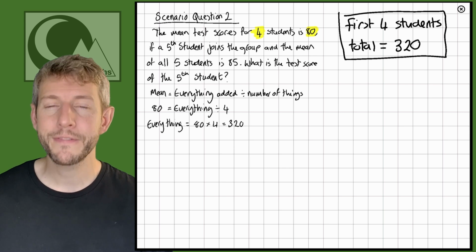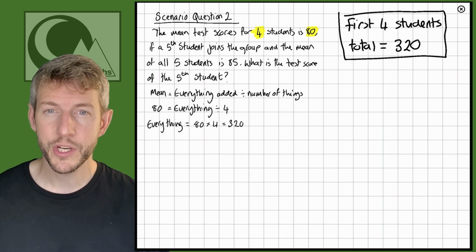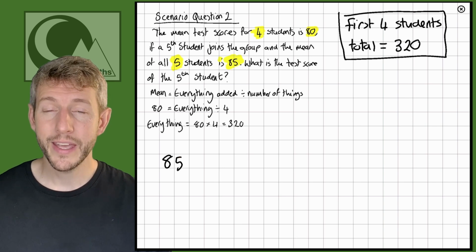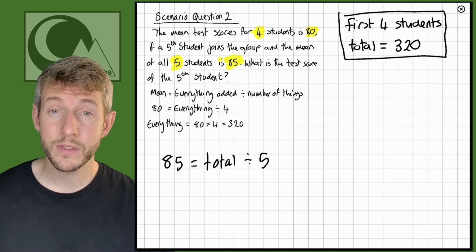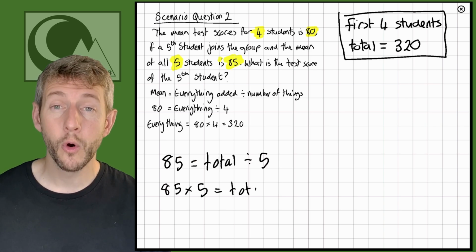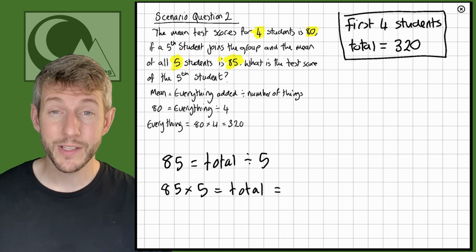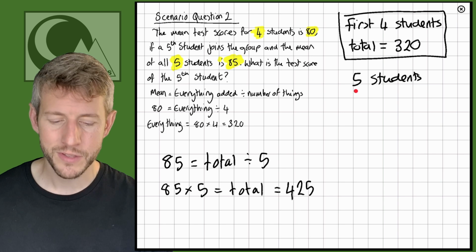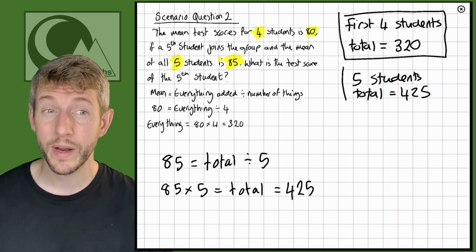Now we've got a 5th student arrive. Okay, so there's now 5 students with a mean of 85. So 85 equals total test scores divided by 5. Therefore, 85 times 5 is going to equal the total test scores. So the total test scores for the 5 students equals 425.